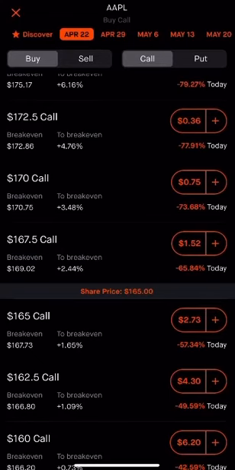All right, so you bought the contract. Now what? Let's assume that the price doesn't actually hit the target that you assumed it would. You bought a contract for April 22nd, 170 call, and you paid $75 per contract. The price doesn't actually hit.